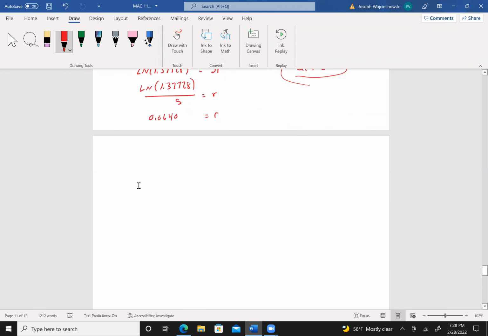Okay, so now let's look at another one. How about population growth? It's a similar formula. It says on January 1st, 2000, the population of Texas was approximately 21 million. So we're going to call that our initial time.